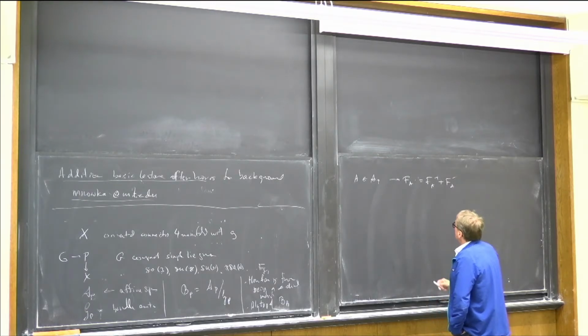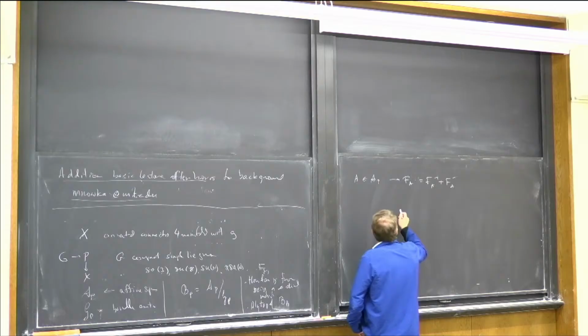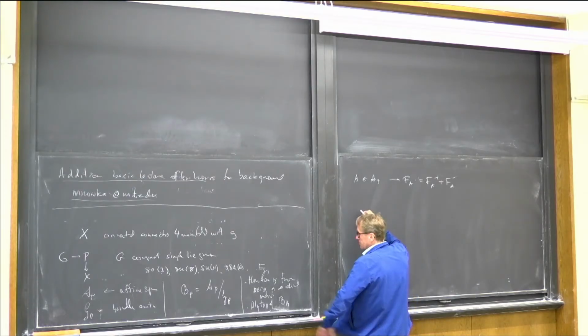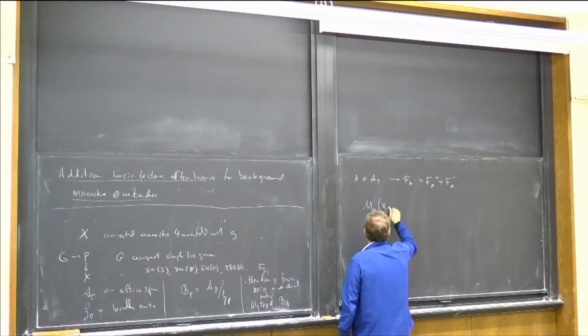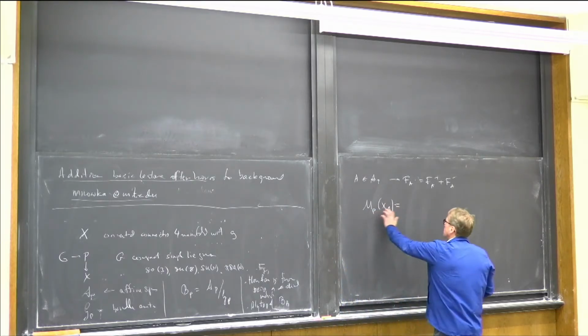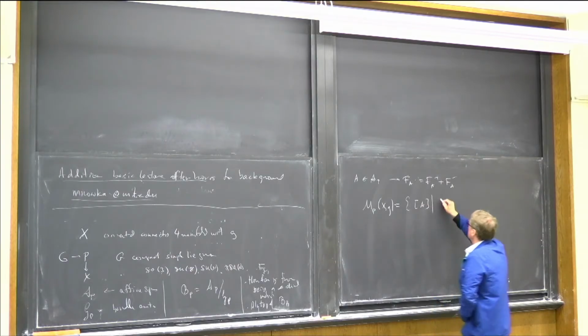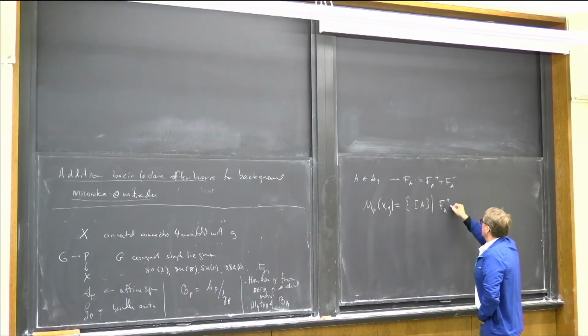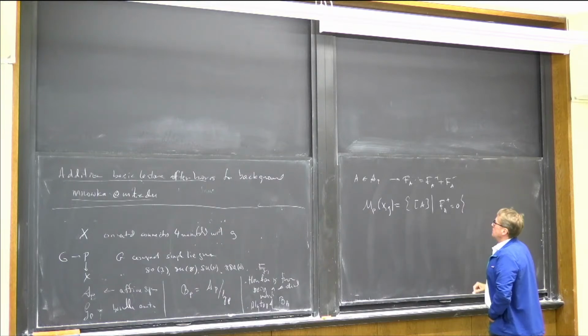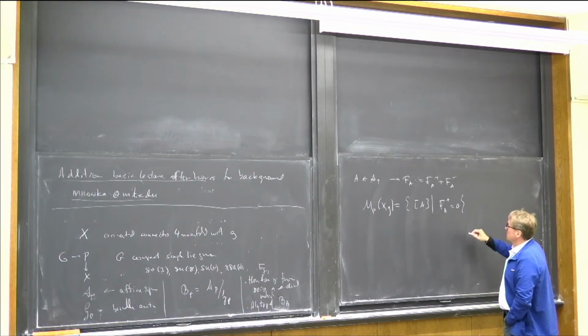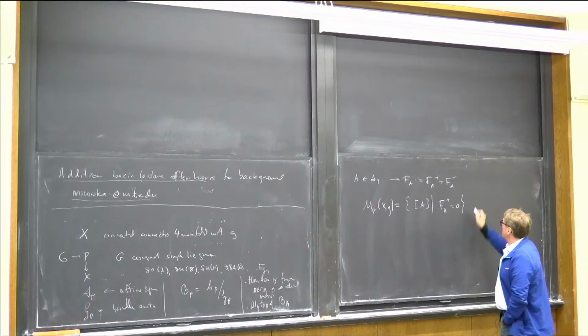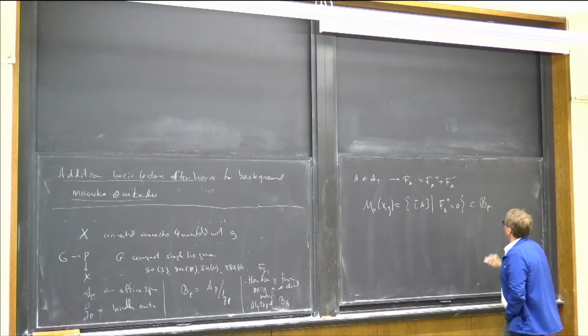And we want to look at the main player in our game, M_P(X, g), the set of gauge equivalence classes of connections that solve this equation. That sits inside B_P.